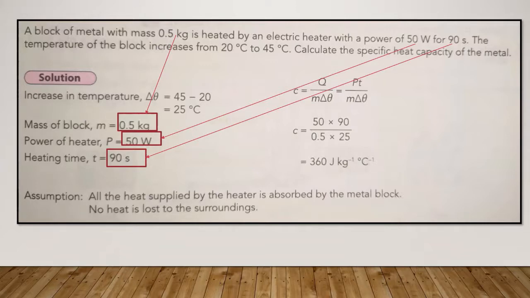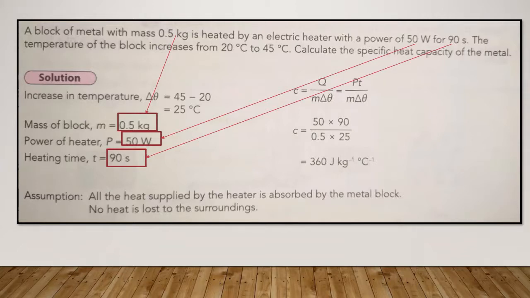Okay, please remember if the mass is given in gram, we need to convert from gram to kilogram. Use the SI unit. Okay, after that you can write the formula and just put all the information inside the formula.